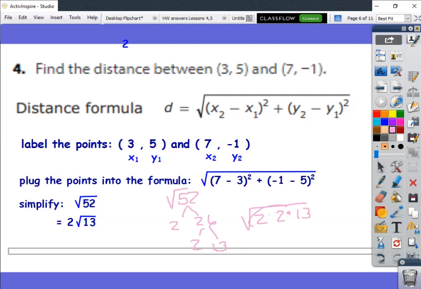Here I have a pair of 2's. That's going to come out. And what's left under the square root is 13. So 2 square root of 13. That is my distance between the 2 points, simplified.